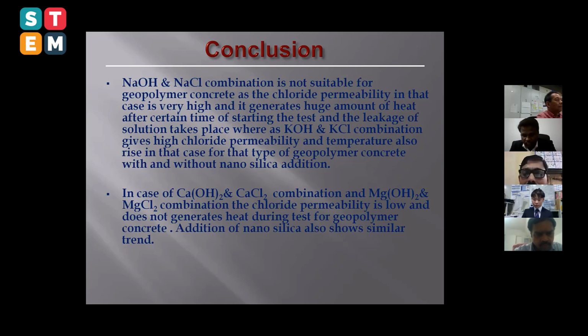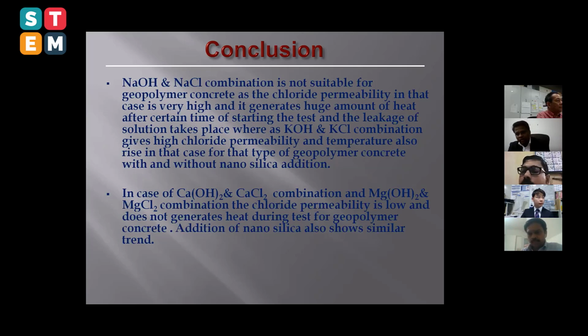With the calcium hydroxide, calcium chloride combination and the magnesium hydroxide, magnesium chloride combination, the chloride permeability is low and it does not generate considerable heat during the test for geopolymer concrete. Addition of nanosilica also shows a similar trend. So there is a need for a change in the combination of anodic and cathodic solutions.